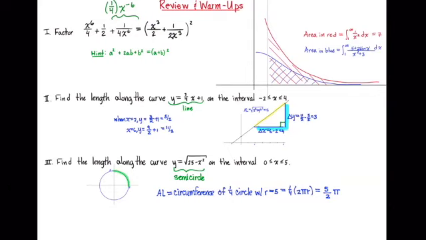The other way that you could do this is by getting a common denominator. In this case, you would get a common denominator of 4x to the sixth.